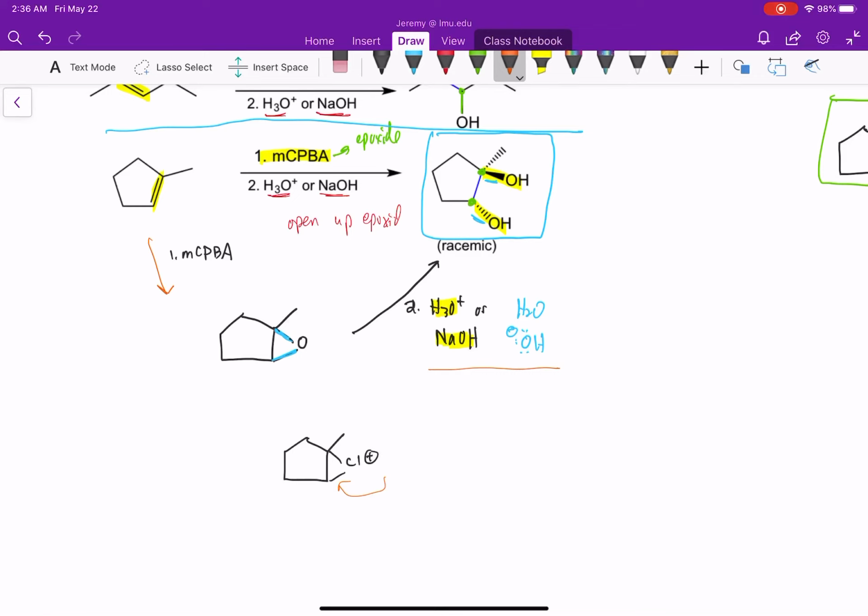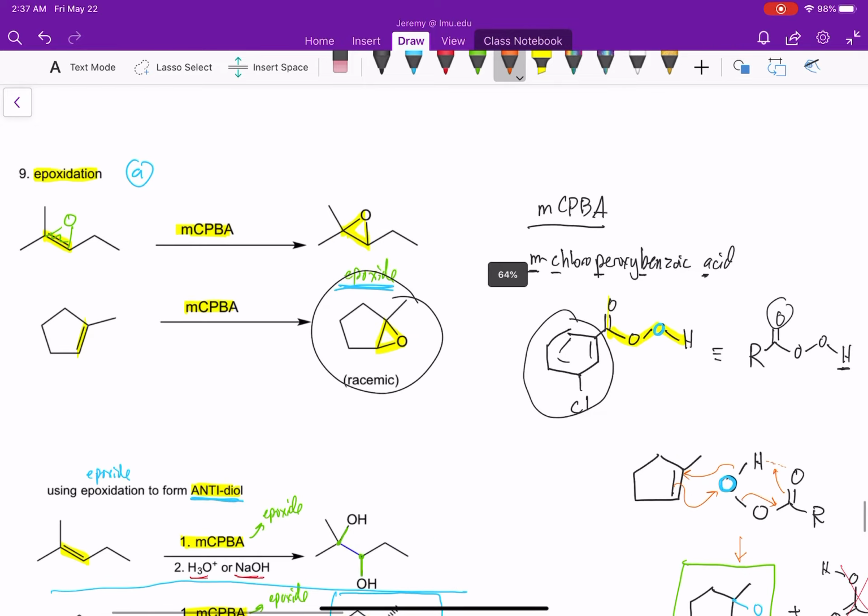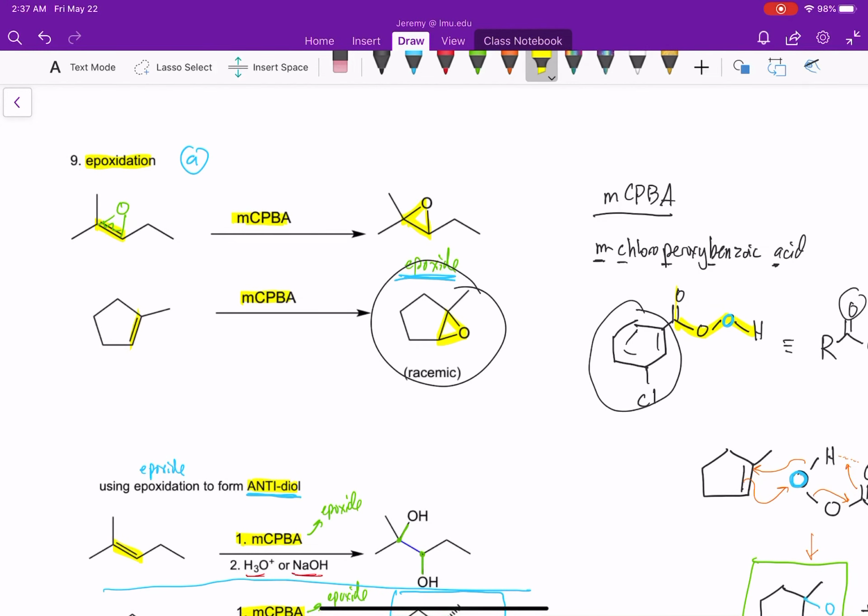Here, if you notice, I haven't covered the mechanism. We'll cover this mechanism in the second semester of organic, so we don't have to worry about the mechanism for this second step. I'm not going to teach it to you now, nor ask you about it on any assessment. To quickly review, in the epoxidation reaction, MCPBA will react with an alkene to form an epoxide.